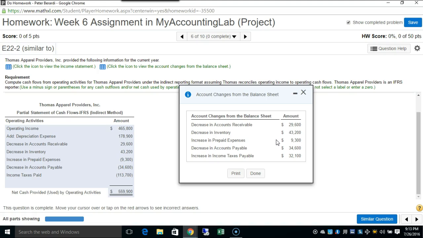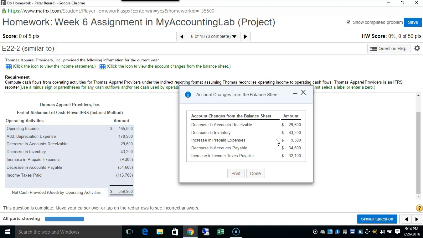Think of it this way if you get a little confused. Take your current asset like inventory. It tells you it's decreasing. So say to yourself this simple step: on a debit or credit basis, what do I do to reduce inventory, a current asset? If I need to reduce inventory on a T account, that would be a credit.